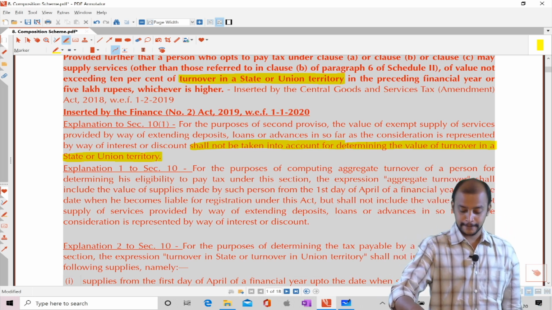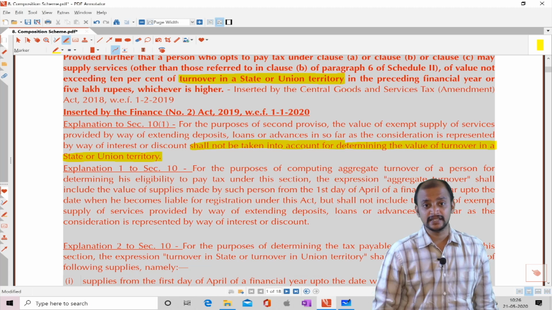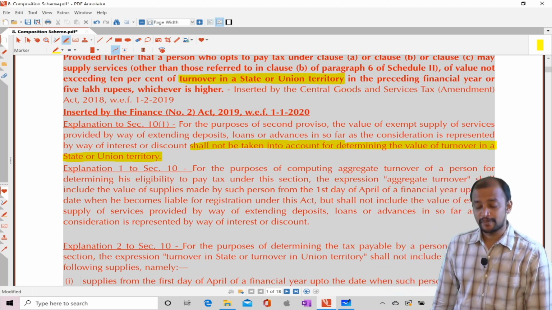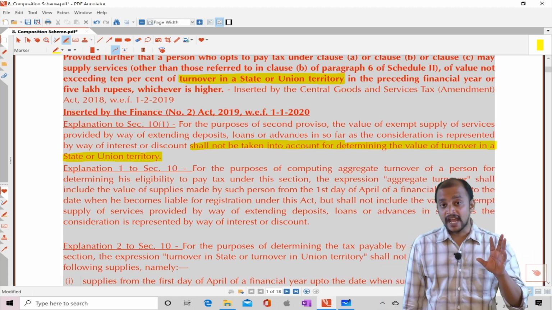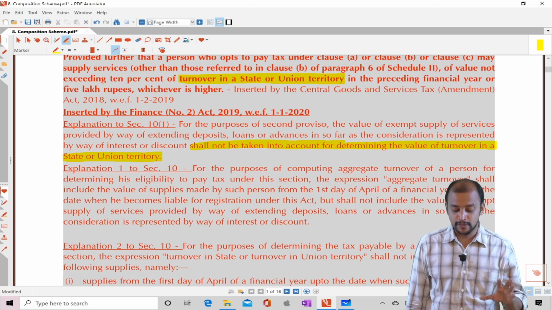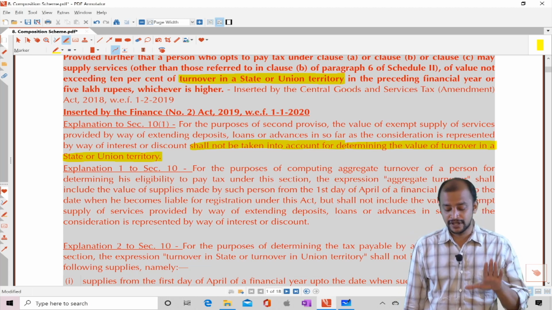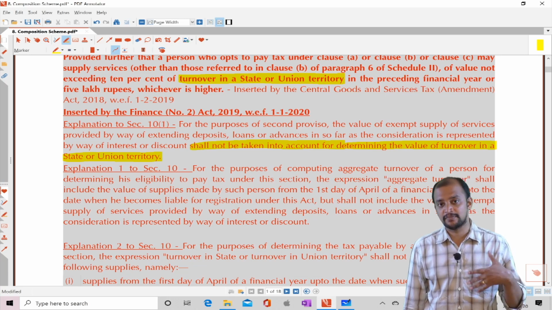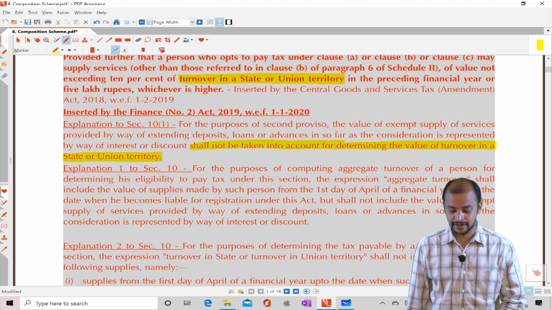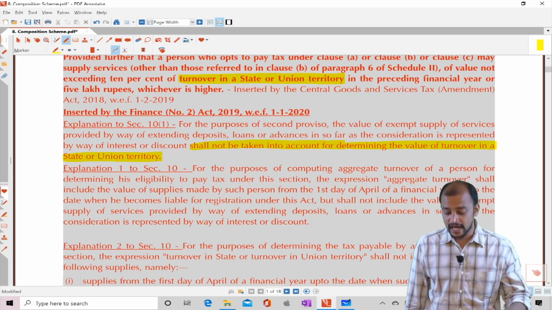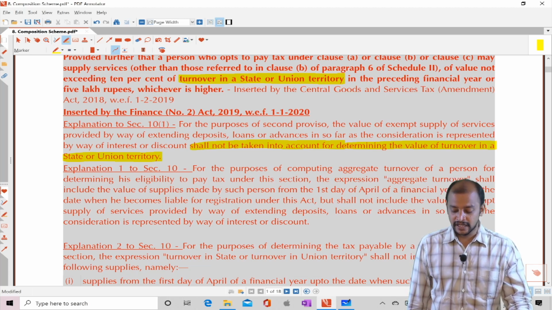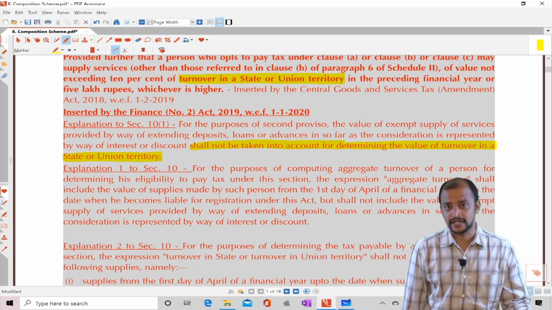Read that carefully. For the purpose of second proviso, the value of exempt supply of services provided by way of extending deposits, loans or advances in so far as the consideration is represented by way of interest or discount shall not be taken into account for determining the value of turnover in a state or union territory.